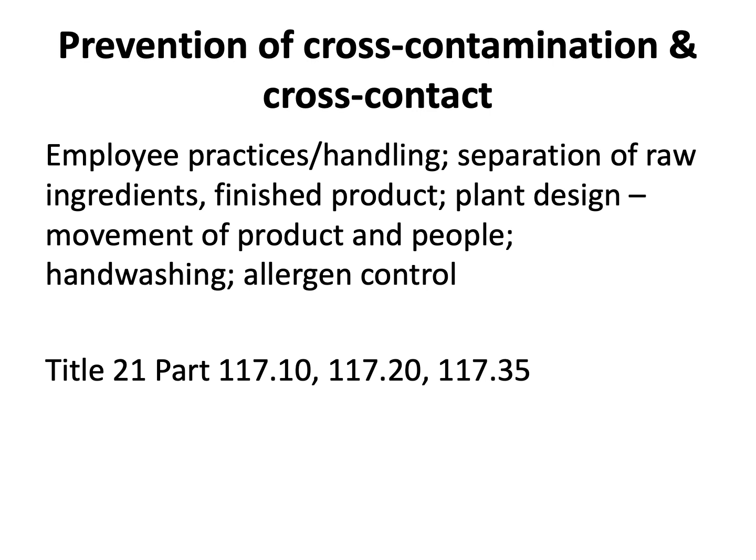Area number 3 covers the prevention of cross-contamination and cross-contact. You must consider employee practices, handling, separation of raw ingredients, finished product placement, plant design, movement of product and people, hand washing, and allergen control.